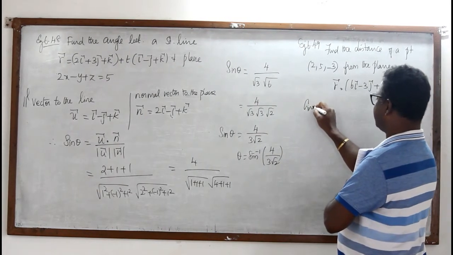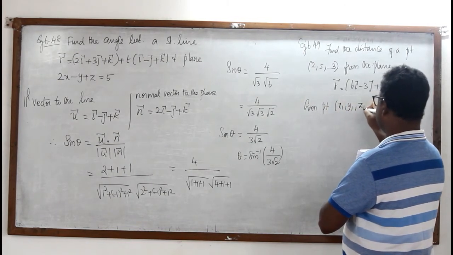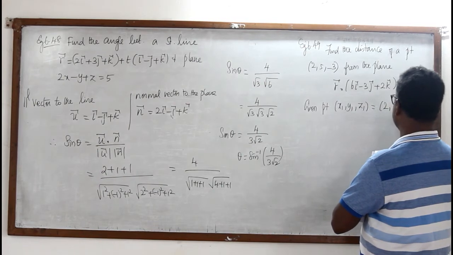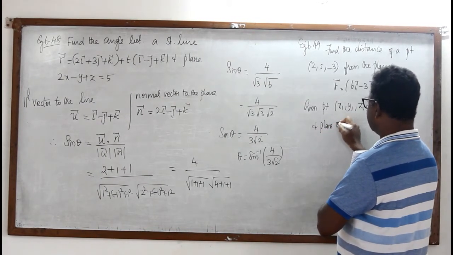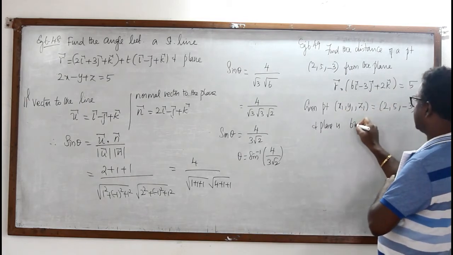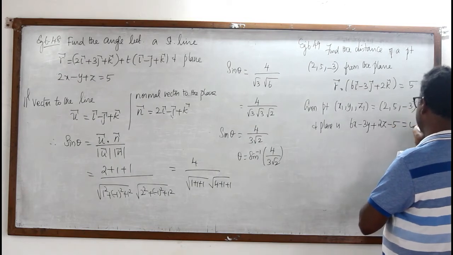So the given point x1, y1, z1 is 2, 5, minus 3 and the plane, shall we write in Cartesian form? 6x minus 3y plus 2z minus 5 equal to 0.